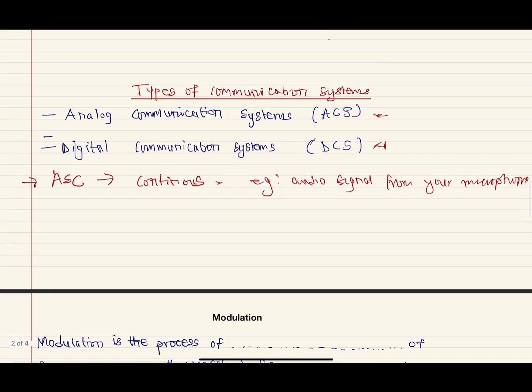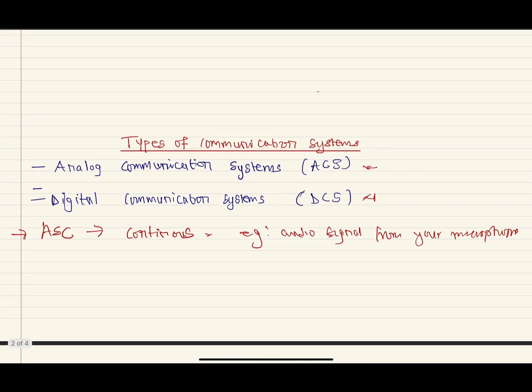Let's also look at the digital communication systems, which is DCS. Digital communication systems transmit signals that are discrete in both time and amplitude domain. So the keyword here is discrete.